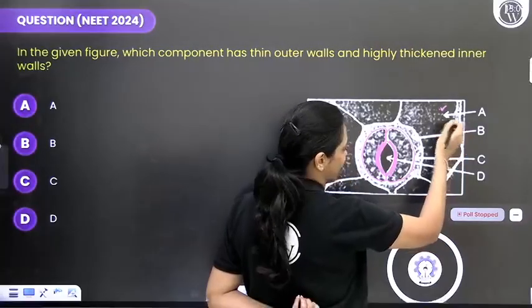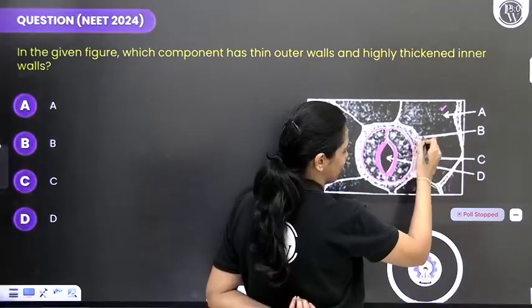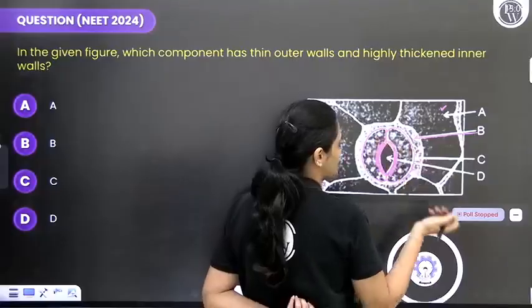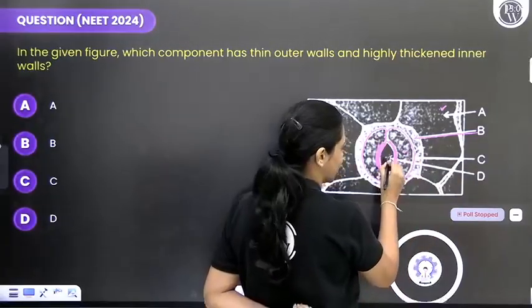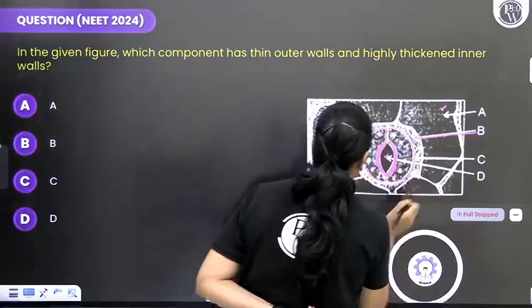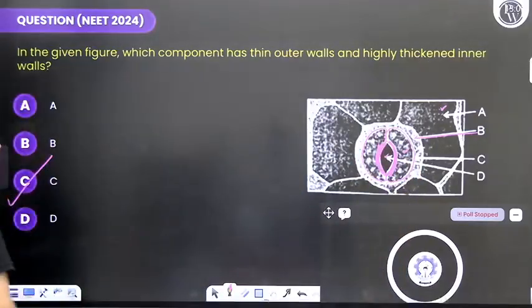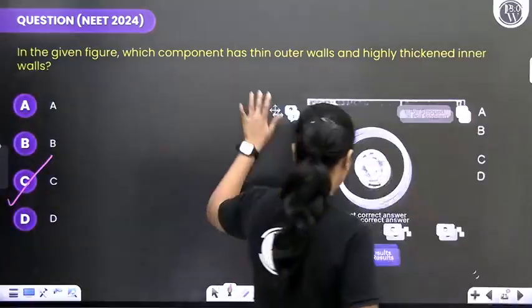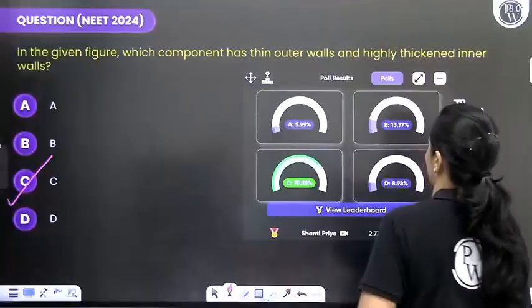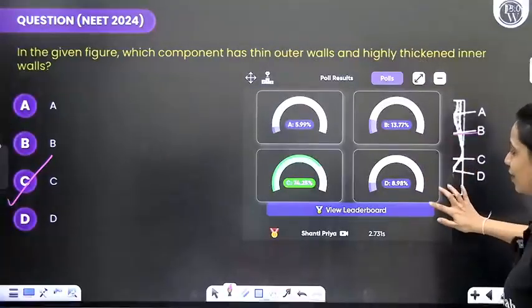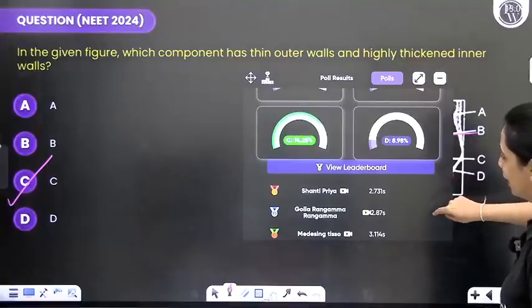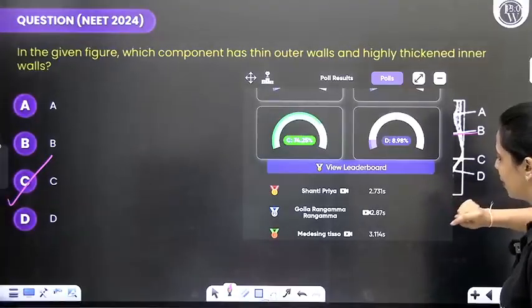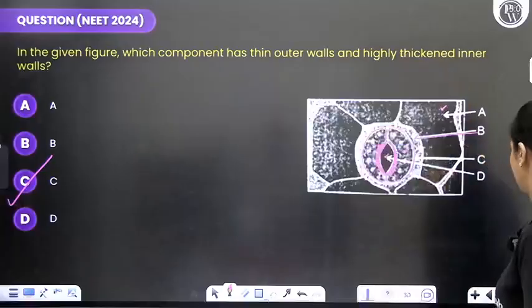A is showing other epidermal cells, B is showing your subsidiary cells, and C is showing the guard cells, D is pointing towards the stomatal aperture. So the correct answer here is option C. 74% of you have answered correctly. Shanti Priya, Golla Rangamma and Tiso, top 3.